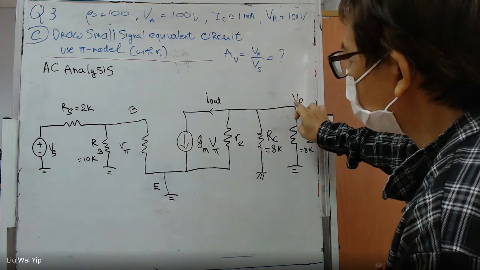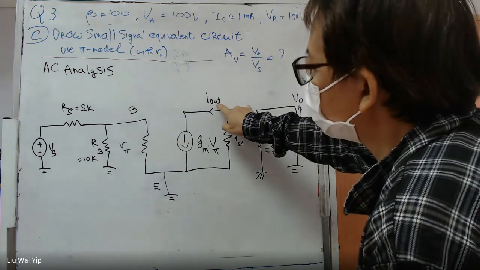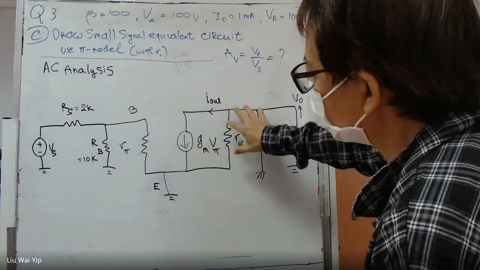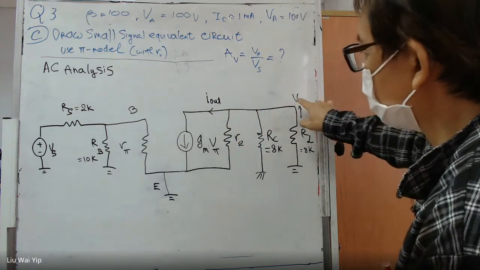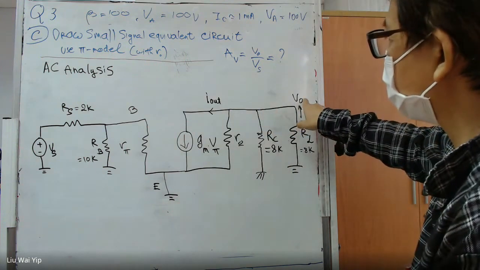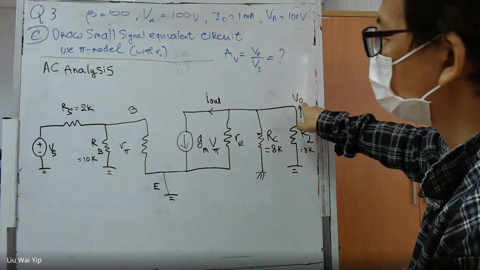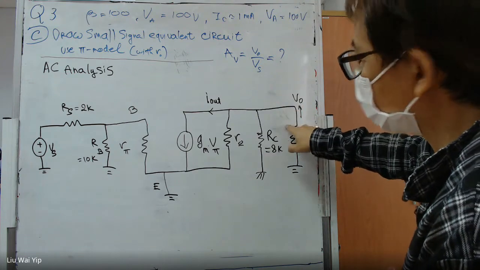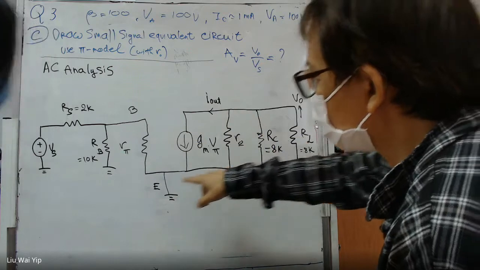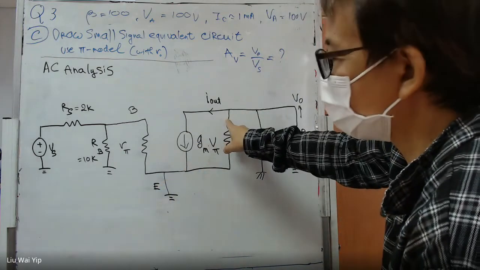First of all, we write down the expression for IL. IL can be expressed in terms of VL: VL over RL. So you can write down one equation first.